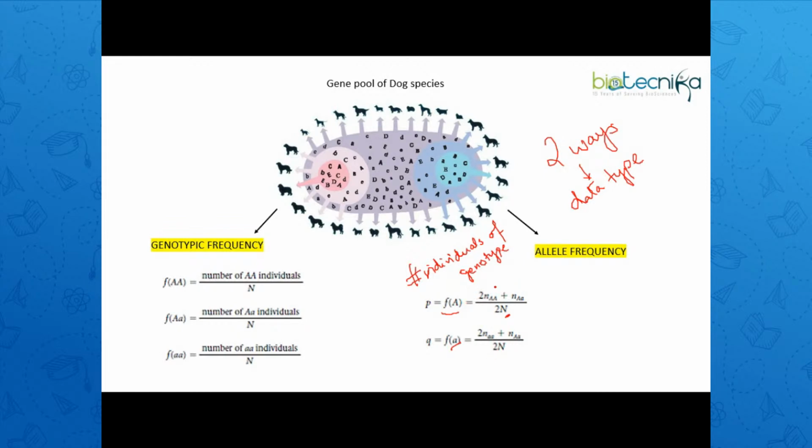Now, why are we multiplying by 2 here and not here? This is a very important concept that you need to understand. Any formula is based on a concept. If you understand the concept, it will be very easy to memorize the formula.